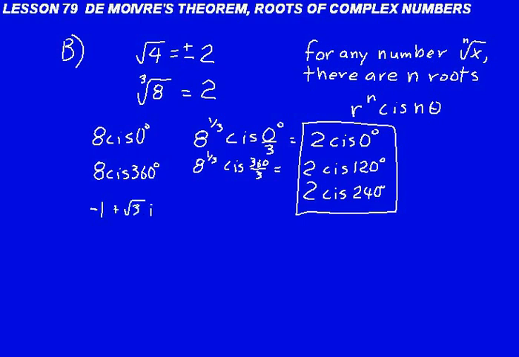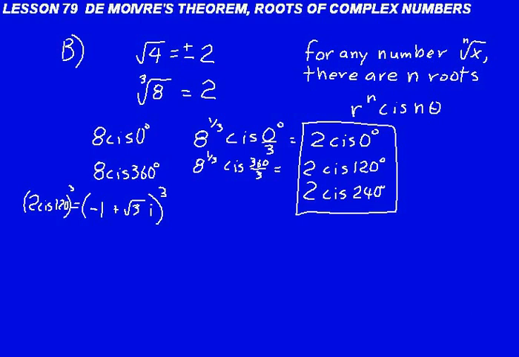So that's the complex form of 2 cis 120. Now let's cube those, and this should get us back to 8. If 2 cis 120 is a root of the cube root of 8, multiplying that out 3 times should get us back to 8.